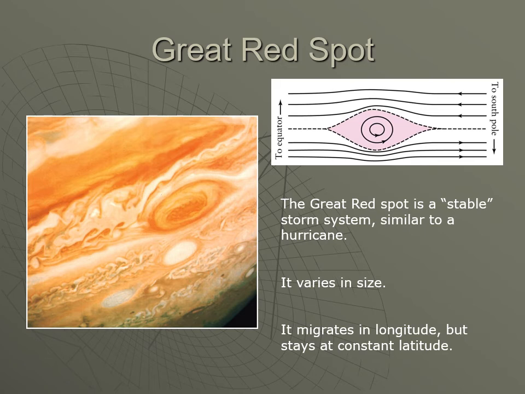Most of the time, it's very difficult to see with a small telescope, because it is almost the same color as some of the clouds in the background. Now, like I said, I have seen it at times in which it's a very vivid red color and it stands out quite prominently against the southern part of Jupiter.